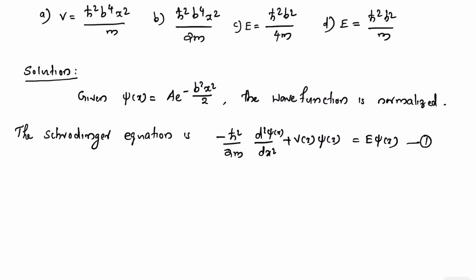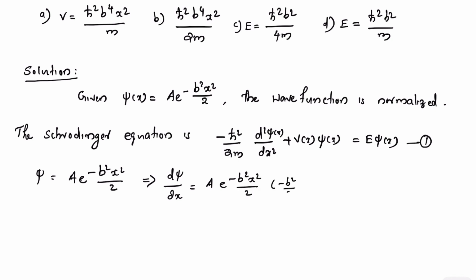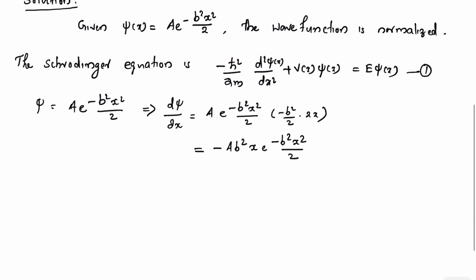Now substitute the value of psi of x in equation number 1 so that we will get the potential or energy eigenvalue. Since psi is equal to A e raised to minus b squared x squared by 2, the first derivative of psi, that is d psi by dx, is nothing but minus A b squared x e raised to minus b squared x squared by 2.